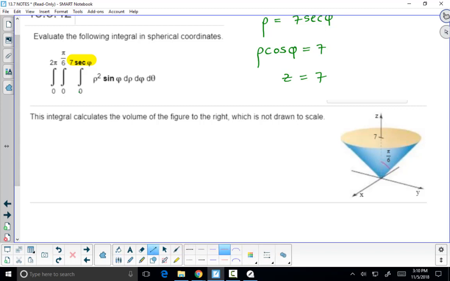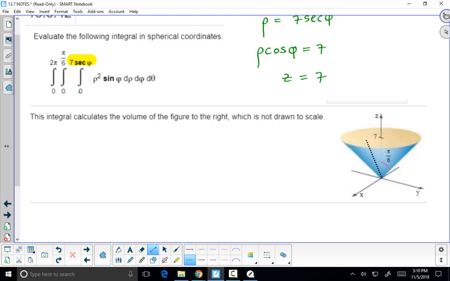When you're imagining your spherical element, you're coming from the inner surface, which is the origin, and then you hit the flat top there. So the inner surface is rho equals 0. The outer surface is rho equals this plane. If you had a sphere as that outer surface, like in a snow cone, it would just be rho equals whatever the radius of the sphere is.